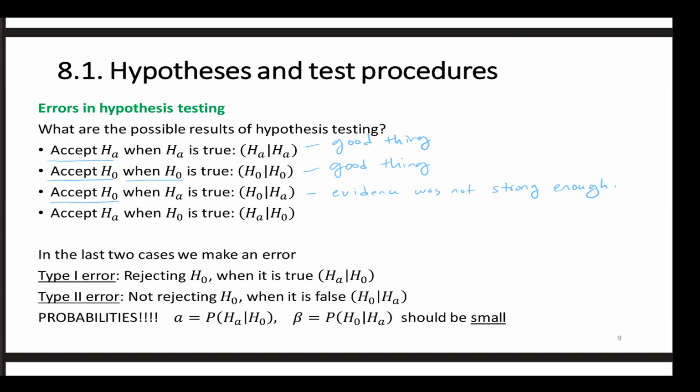So we fail to reject the null. And then maybe we accept the alternative when the null was true. That's also bad. So evidence was strong, but it was the one time it could have happened.